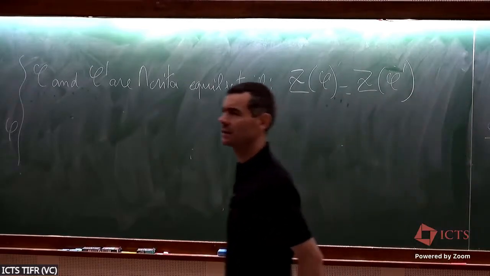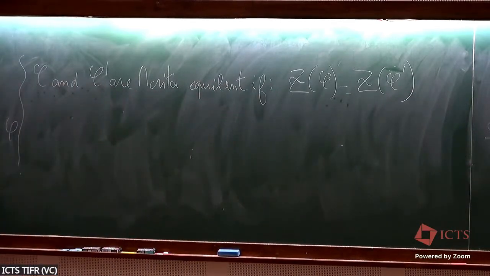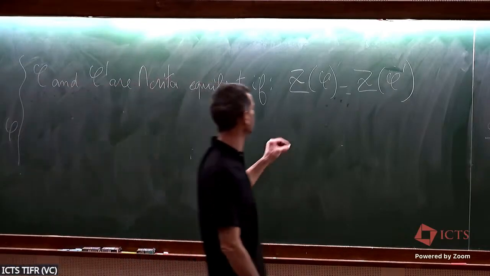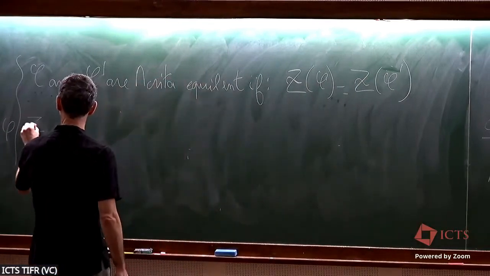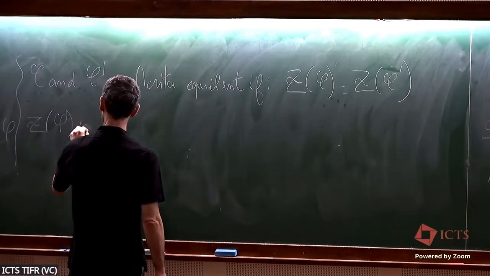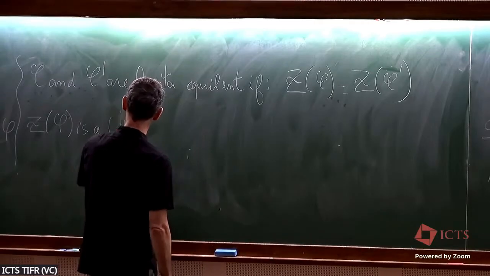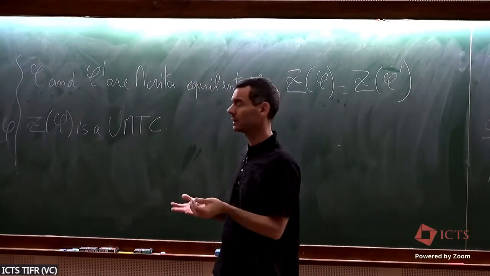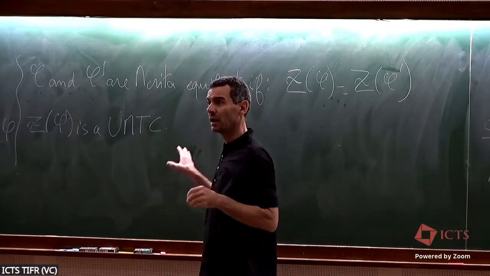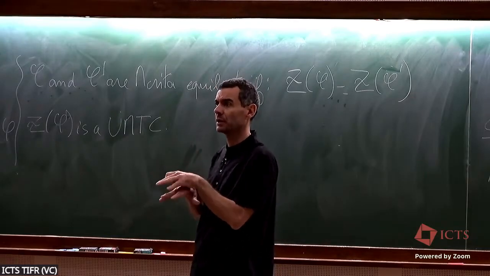You want to know what is a Drinfeld center of a Drinfeld center? Yes, we can do it. It will be a different category. And it's pretty simple to build, actually, because the Drinfeld center Z of C is a UMTC. And if you want to take the Drinfeld center of a UMTC, it's always two copies with opposite chiralities.